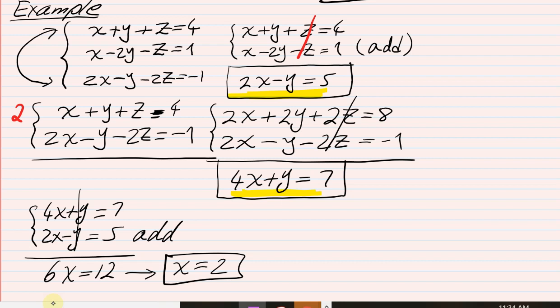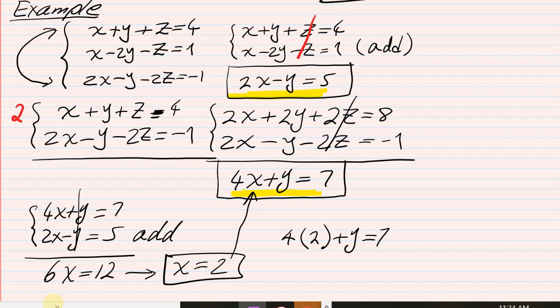Now, what I need to do is back substitute for x into the other equations, and this is going to be 4 times 2 + y = 7. You can also substitute for x in here, because again, this is a system. That means the solution must work in all of them.